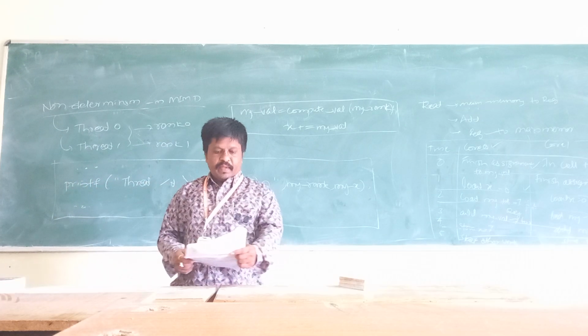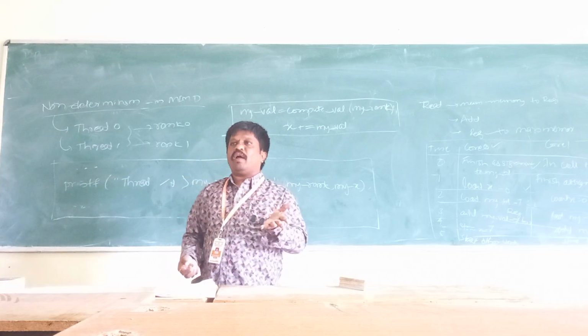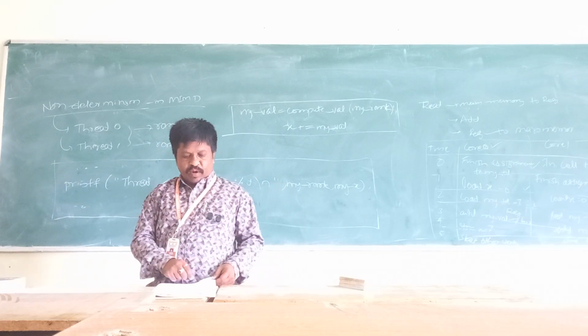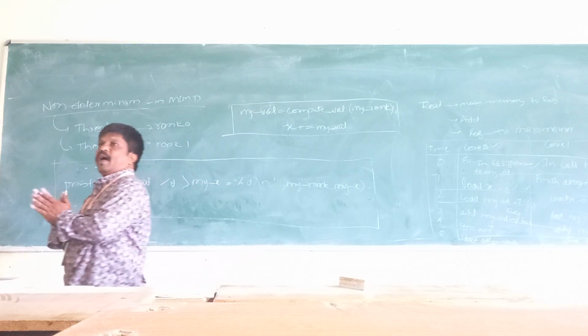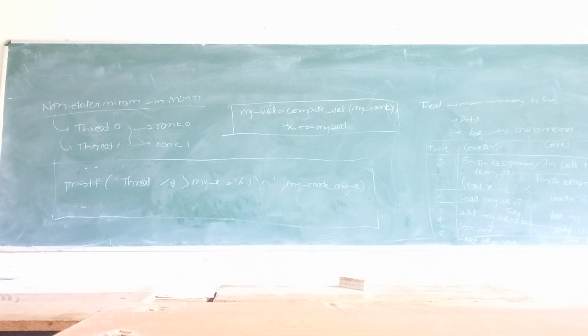Okay, that will vary from one core to another core. In such a situation the execution of thread 0 and thread 1 will be racing with each other. Until the execution of thread 0, thread 1 has to be stopped there. That's nothing but the racing here.